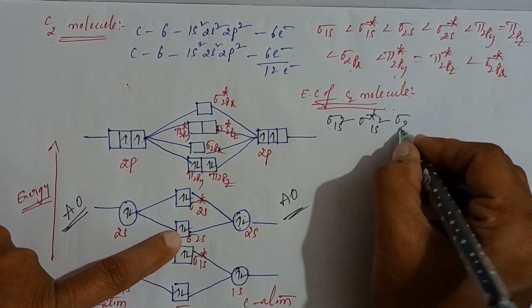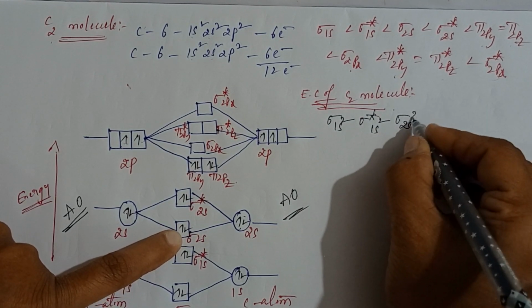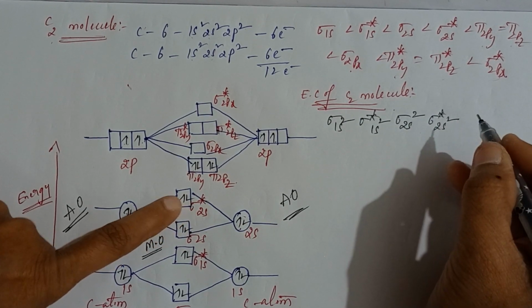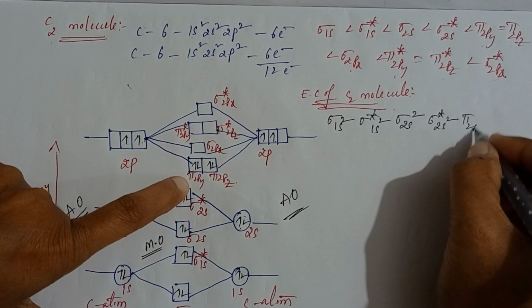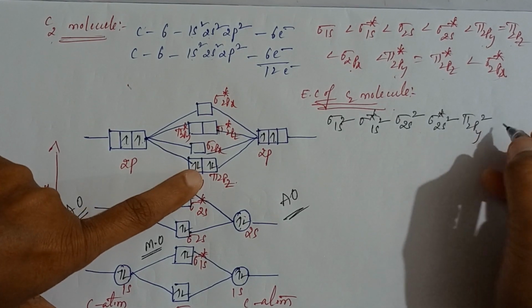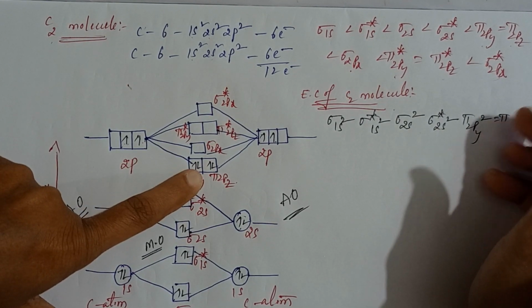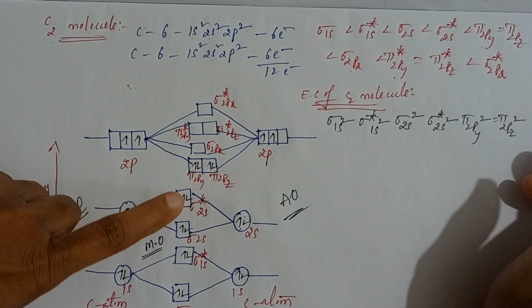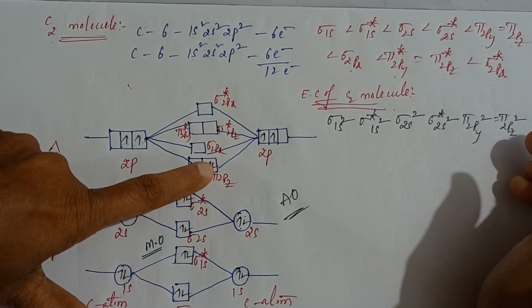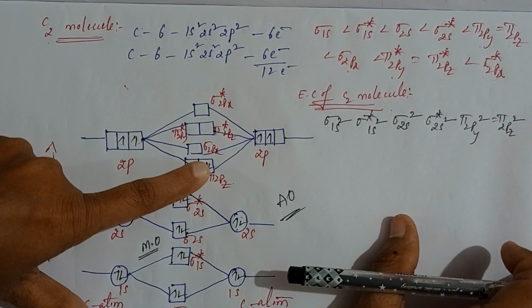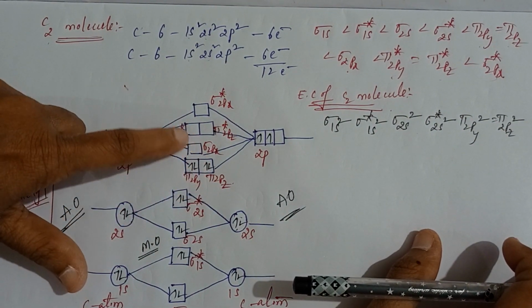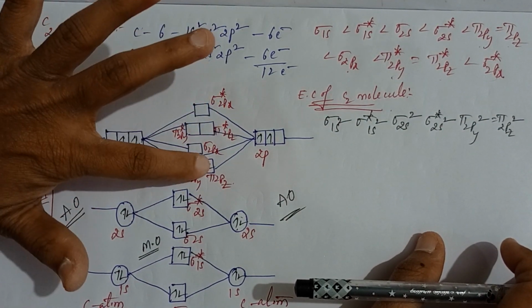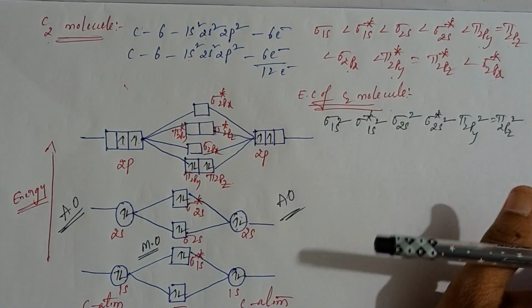Next, sigma 2s, 2 electrons. Next, sigma star 2s, 2. Next, pi 2py, 2, and pi 2pz, 2. In 2py 2 electrons, in 2pz also 2 electrons. So this is the electronic configuration. In sigma 2px there are no electrons now, so no need to write it. Up to here only you have to write the electronic configuration.